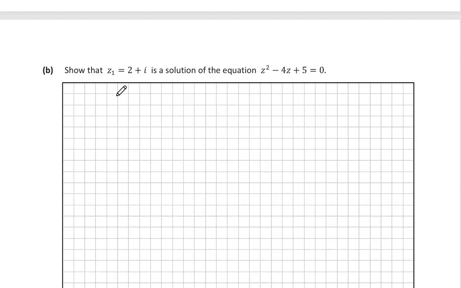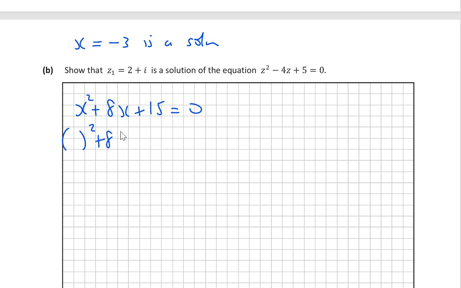Okay, moving on then, number 3, show that it's a root. So, giving you just a background here, 8x squared plus 8x plus 15. We know here that x equals minus 3 is the solution. So what you do is you sub in, because you're asked to show that it's a solution.